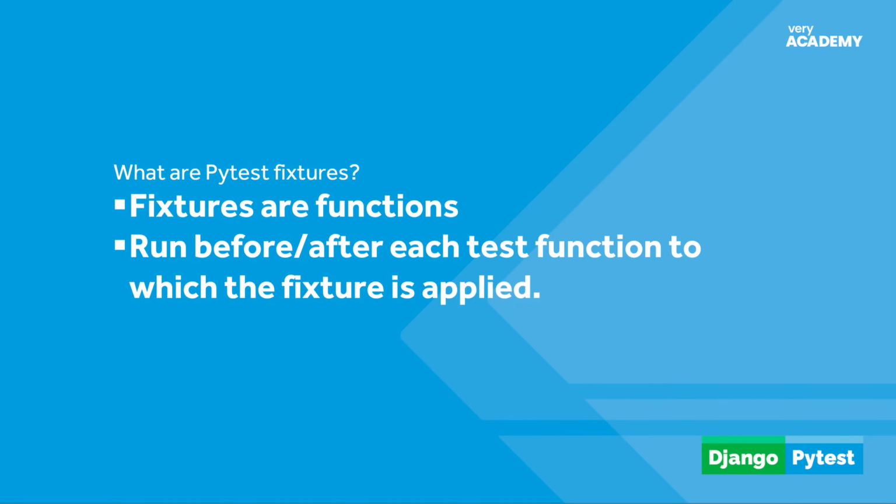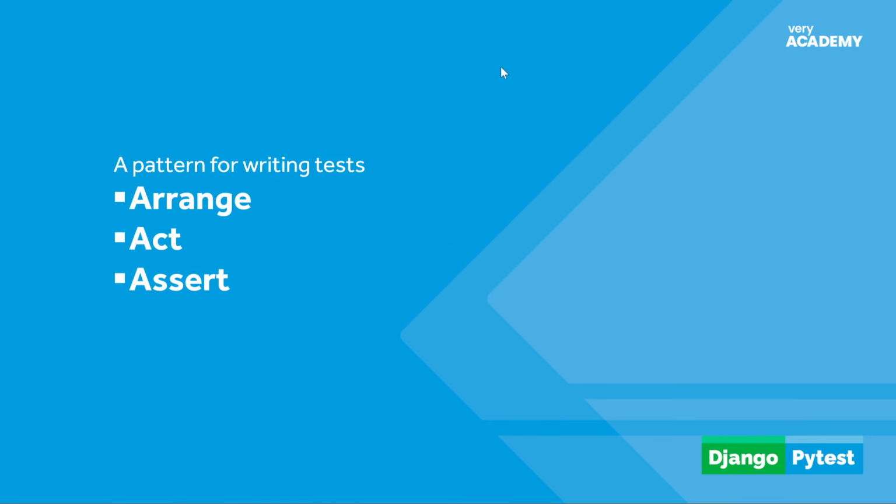But just as a quick recap, fixtures in Pytest are typically functions that run before or after each test to which the fixture is applied. In the previous tutorial, I presented this pattern for writing tests: arrange, act, assert. This pattern had 3 stages. Arrange: before we run an action, we would need to prepare some data, connect to a database, for example, and then we would perform an action.